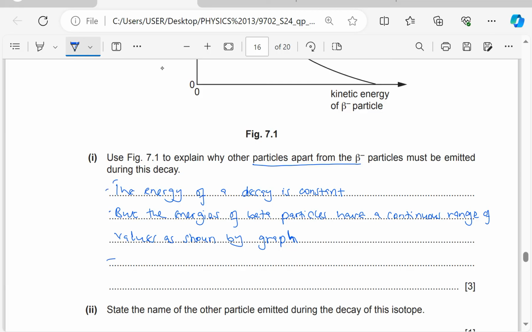So other particles such as, because this was beta minus, which is always emitted with an antineutrino, the antineutrino must possess the extra energy of the decay.